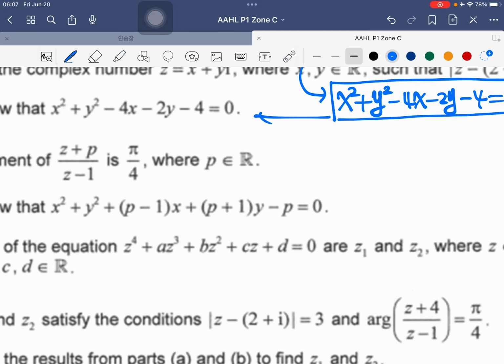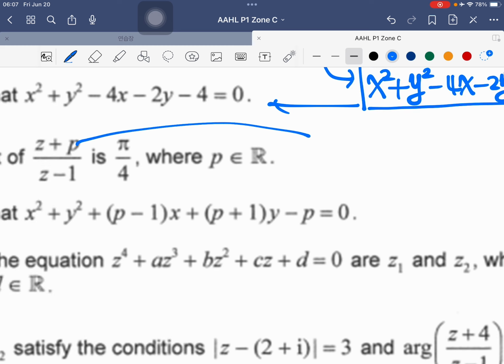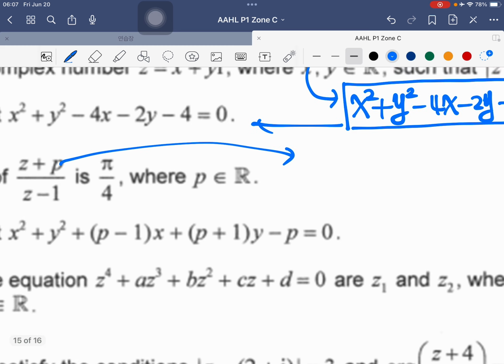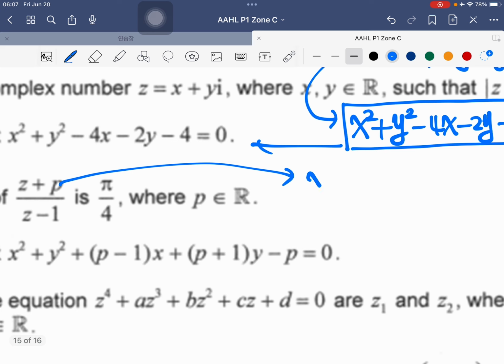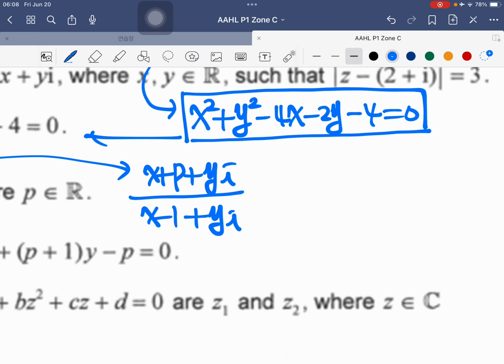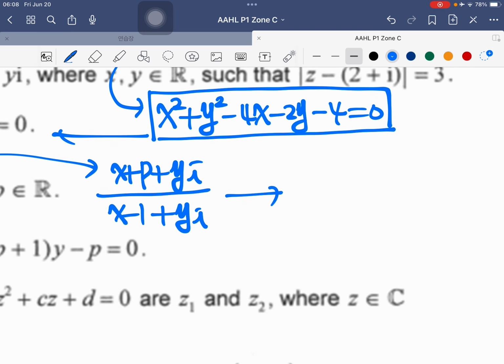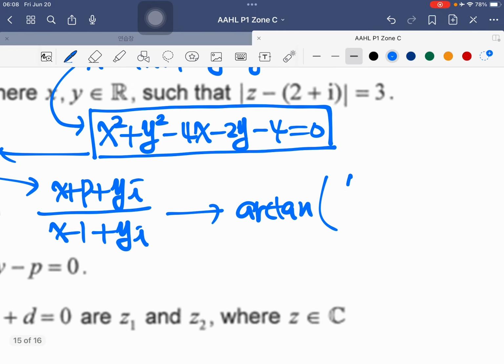So the argument of this, we can think the top part is x plus p plus yi, and z minus 1 is x minus 1 plus yi. So the argument of the top part, we can say arctangent of y over x plus p.